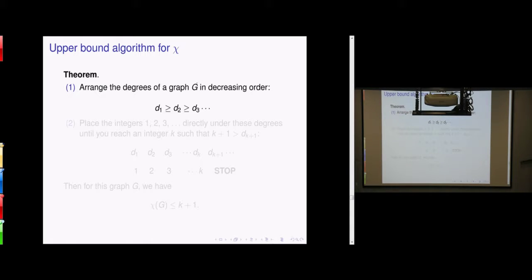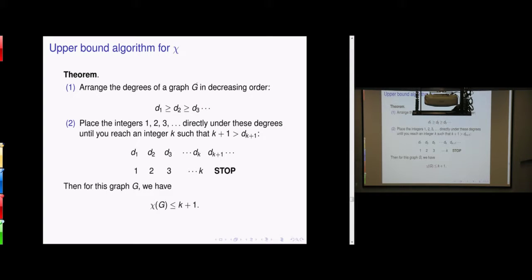Then you place integers 1, 2, 3 directly under these degrees, 1 below D1, 2 below D2, 3 below D3, k below Dk, until you reach an integer k such that the next one, k plus 1, is strictly bigger than D(k+1), the number on top.